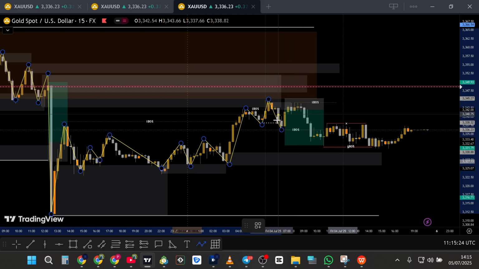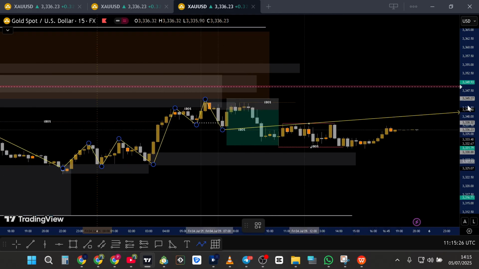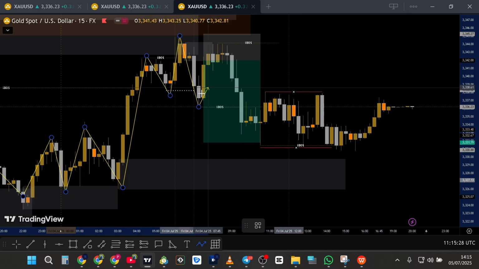So this is where I want to explain something. I had this structure happening, and I saw it, because this was the Frankfurt, as you can see. And inside this Frankfurt, after the pullback before the Frankfurt open, price went up with the Frankfurt open. Then when Frankfurt was still opening and price was really volatile, you can see price came down and caused a change of character.